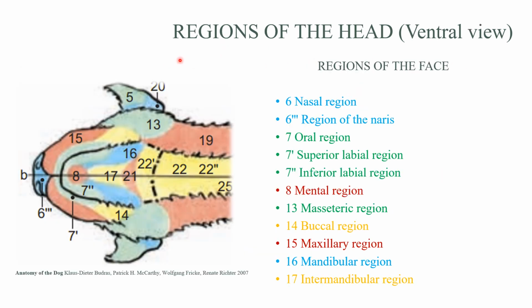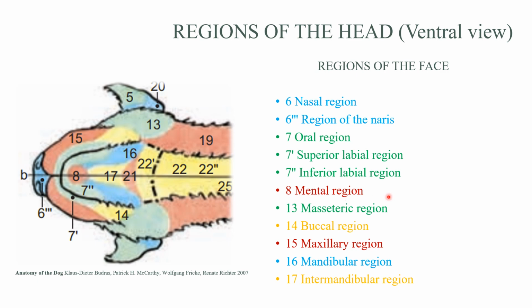So now the last part of the regions of the head, regions of the face, this is the ventral view. We're looking at the animal from the bottom. So again, we have the nasal region, especially the region of the nares or the nostril region right here in blue. Then we have the oral region, which consists of superior and inferior labial region, so top and bottom lip region.